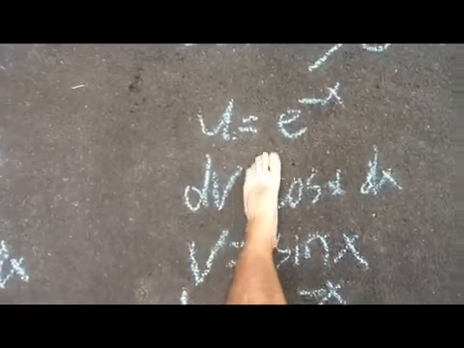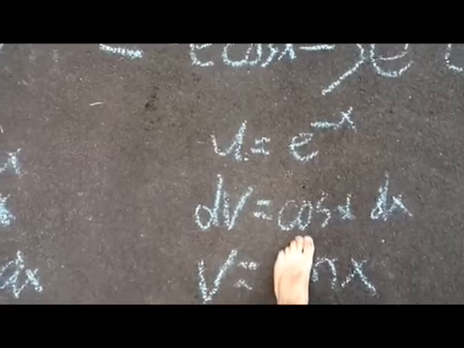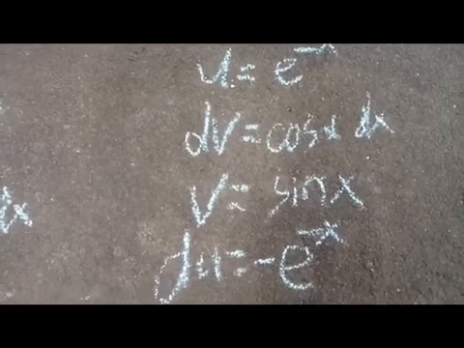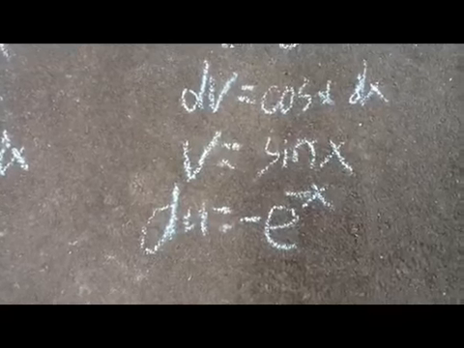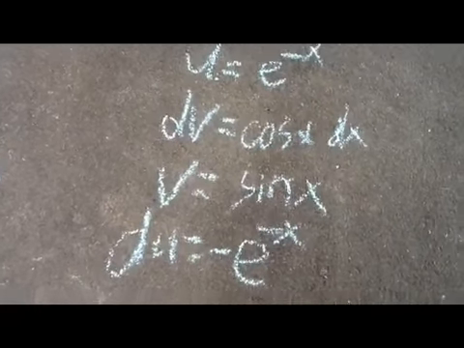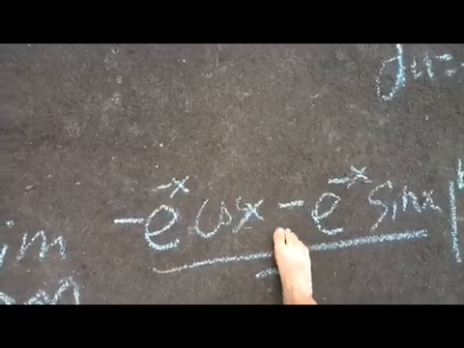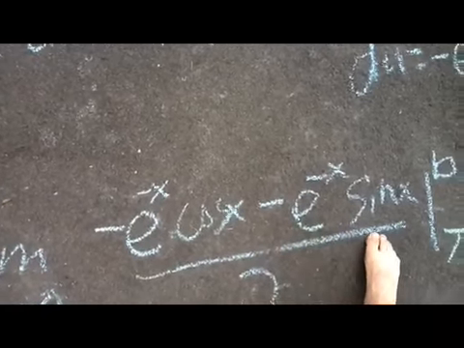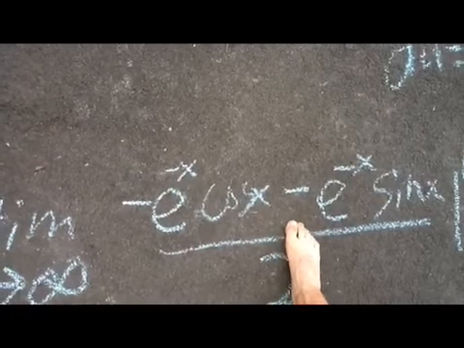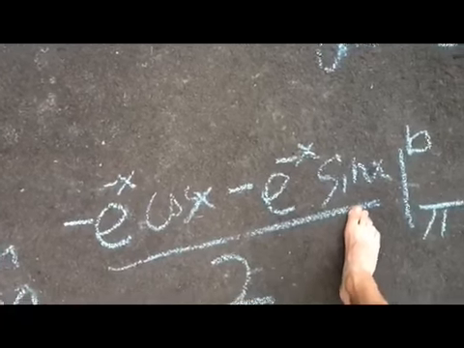And again, we're just going to keep the e's in the same place with the u's, e's and u's, and the cosine and the sine with the v's. So we just do this, and you'll see it over here. We have minus e to the negative x sine x.